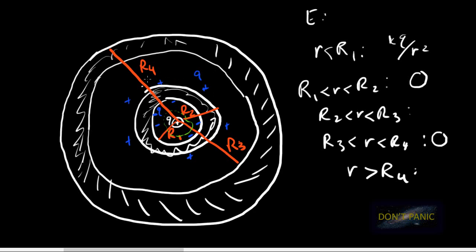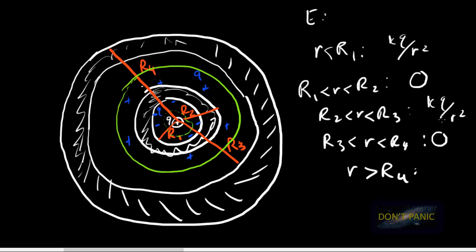So that implies that in this region, the charge enclosed by this Gaussian surface is going to be Q minus Q plus Q, which is Q. So the electric field would be kQ over R squared. Then how does the electric field become zero in this region? There has to be a net charge of zero enclosed by the Gaussian surface. So your Gaussian surface is going to be here.